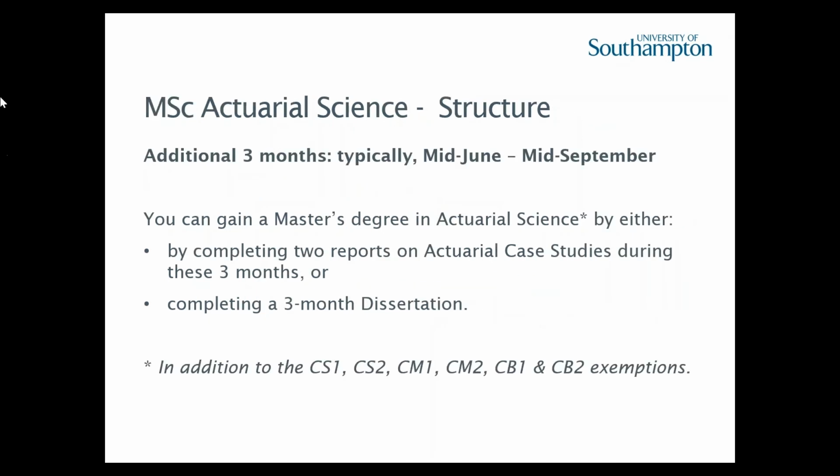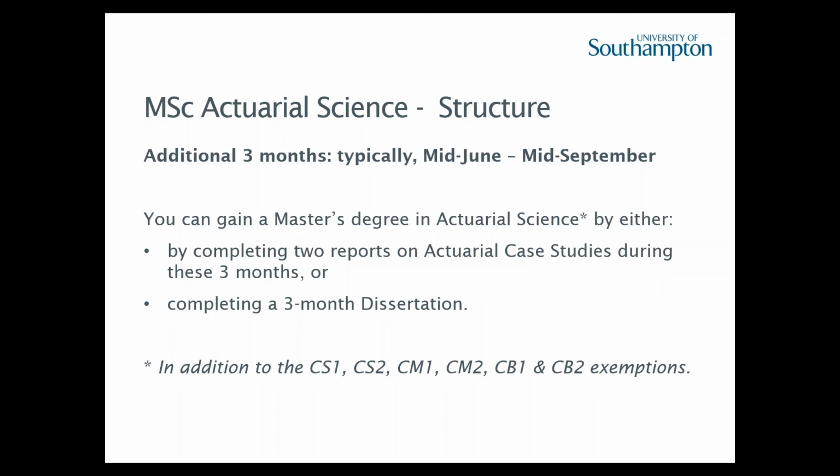After finishing the first part of the program, the students have the opportunity to obtain a master's degree in actuarial science if they want to. This is in addition to the exemption recommendations. We have 2 distinct routes here. The default route is to take actuarial science case studies.